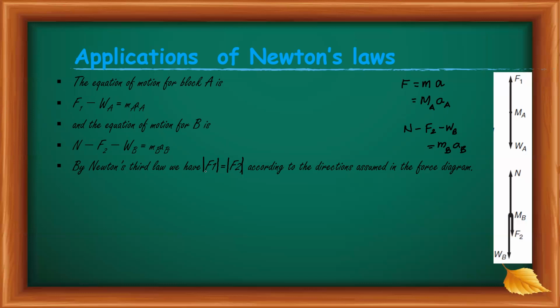So the modulus of F1, or the magnitude of F1, is equal to the magnitude of F2. This is the constraint equation.